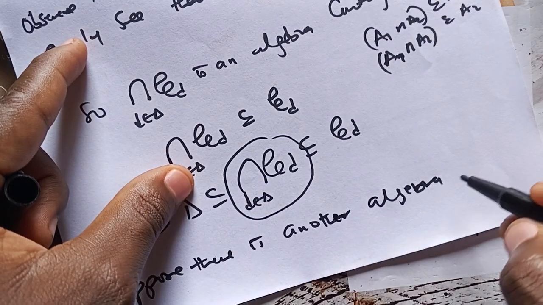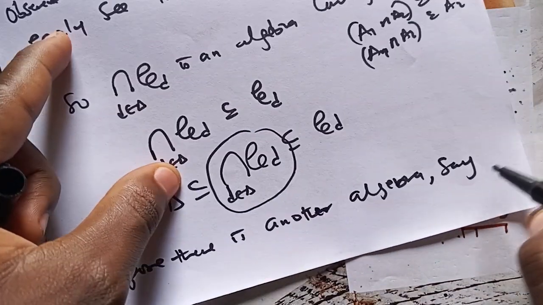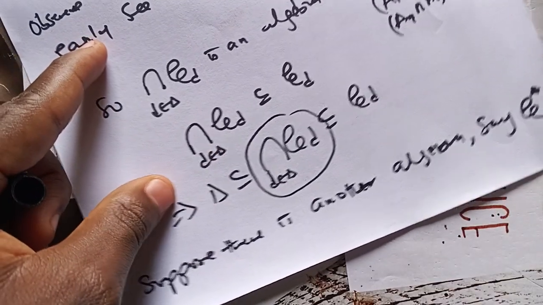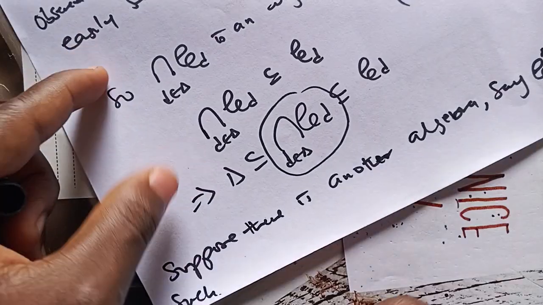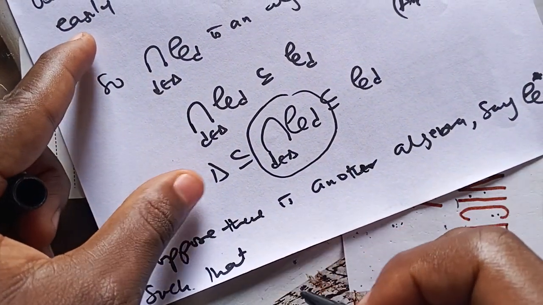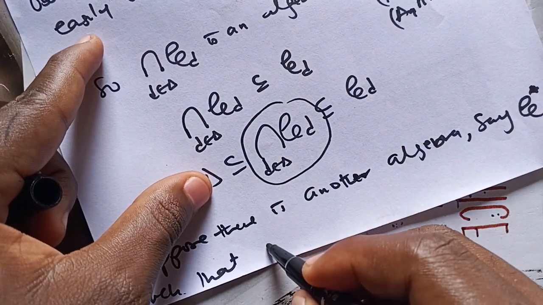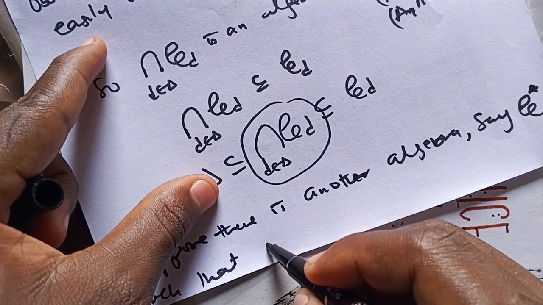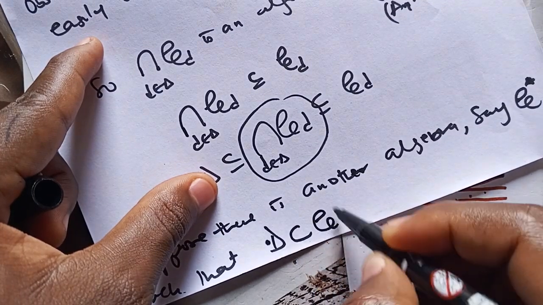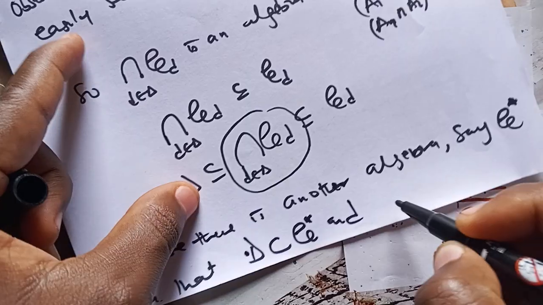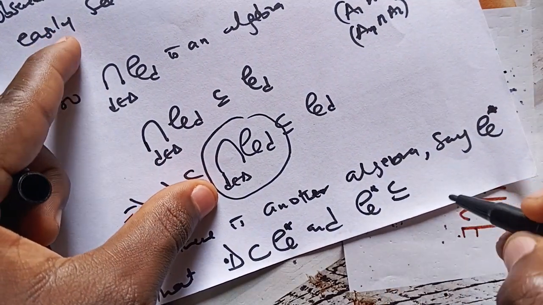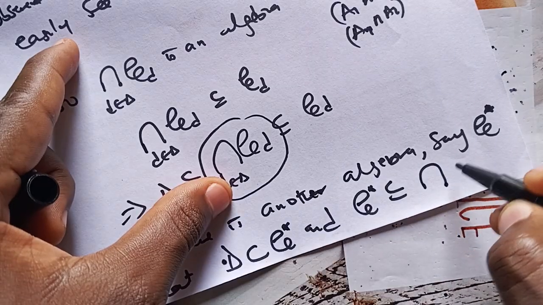Suppose there is another algebra, say A star, such that D is a subset of A star, and A star is a subset of this intersection.